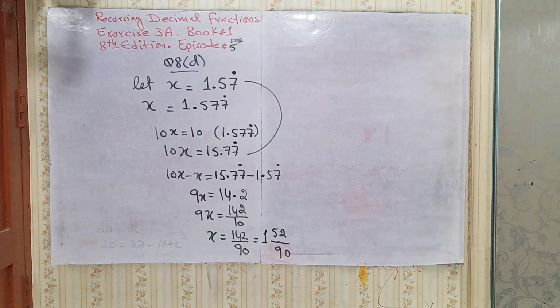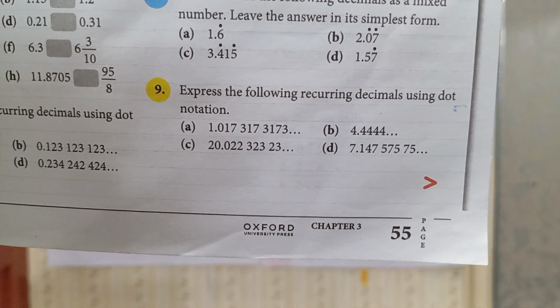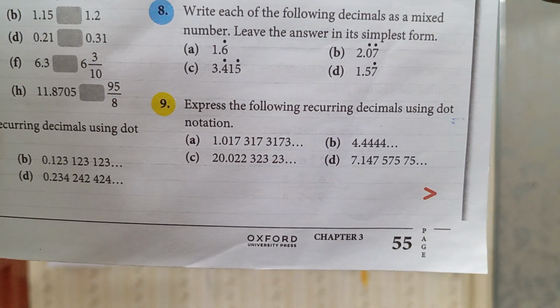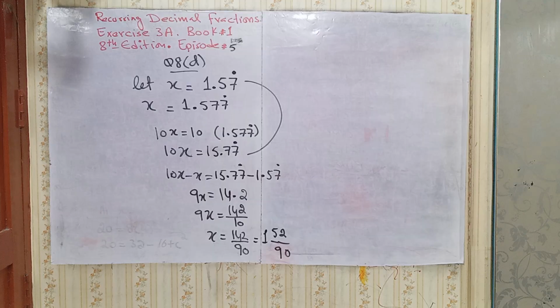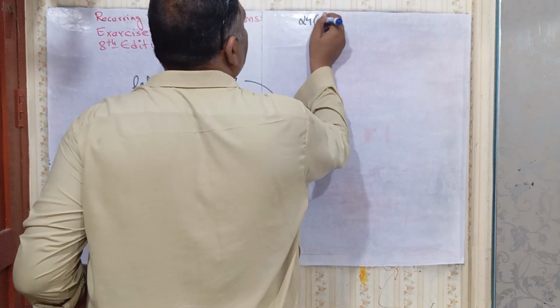So let's try question number 9, and let me show you the question. He says express the following recurring decimals using dot notation. Okay, so it is very easy. Question number 9, its A part.